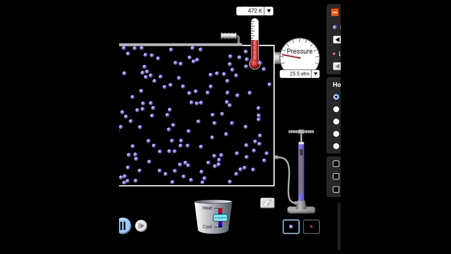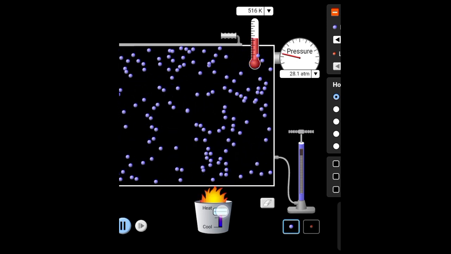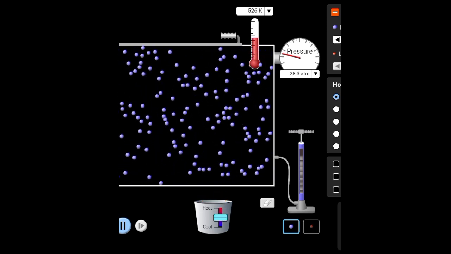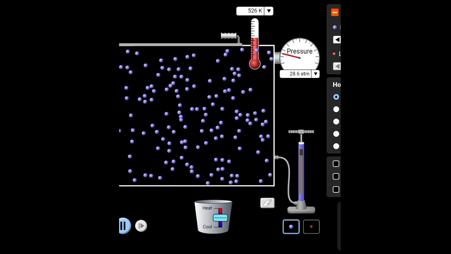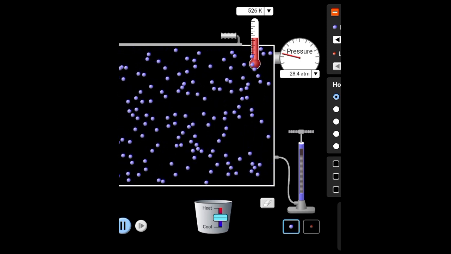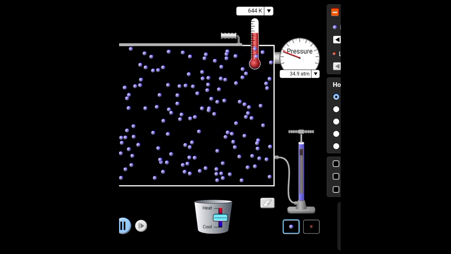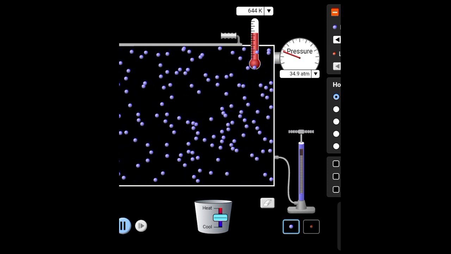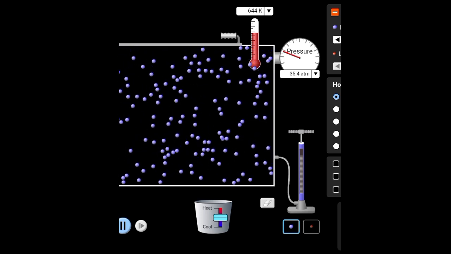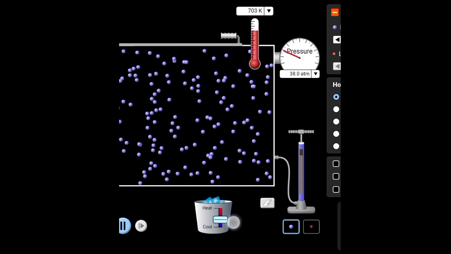As we increase the temperature, the gas particles begin to move faster. This is because higher temperatures provide more energy to the particles, making them move quicker.